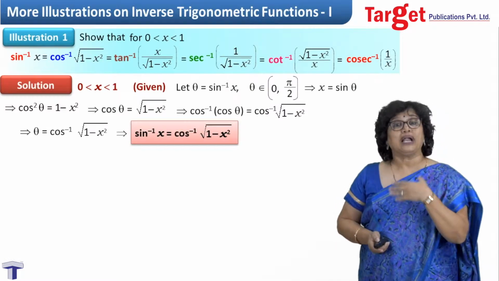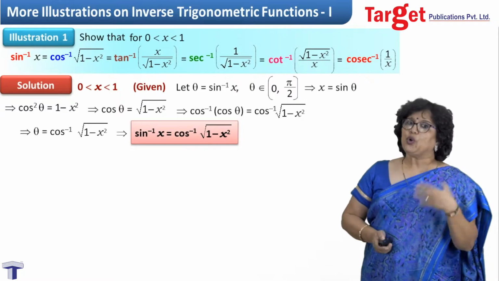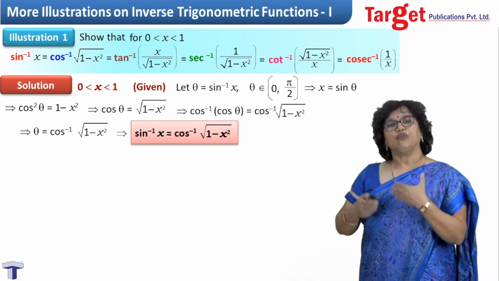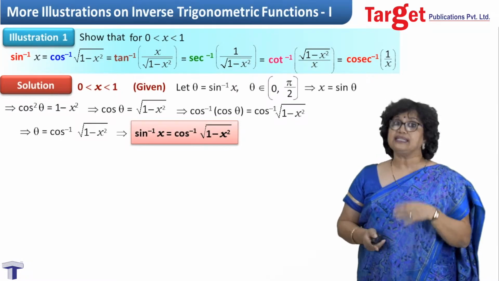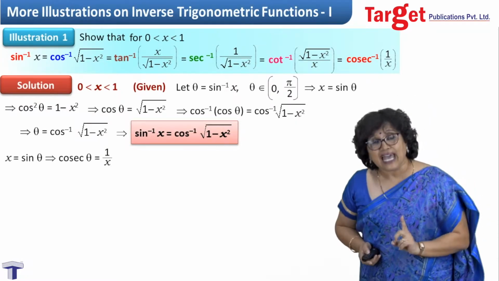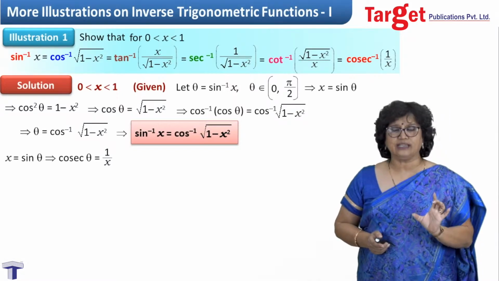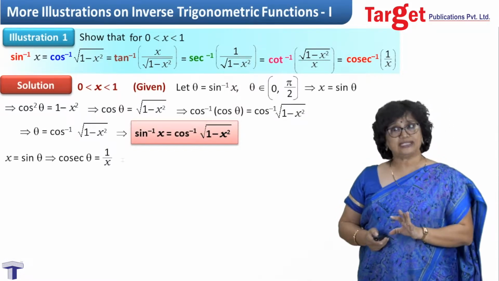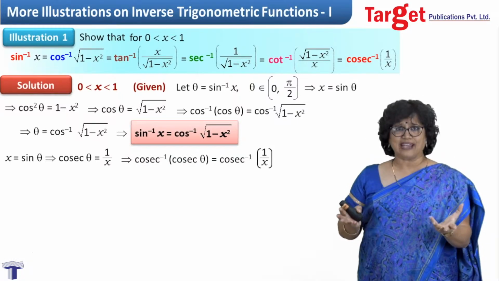Now, if I have to attempt next for say tan inverse or sec inverse or cot inverse, don't you think we will have to use the basic trigonometric identities you have done in trigonometry? And from there, for say cosec, I have to use the condition that x equal to sine theta. So cosec theta is 1 upon x. I would be taking cosec inverse on both sides, which is very tempting as I said before.